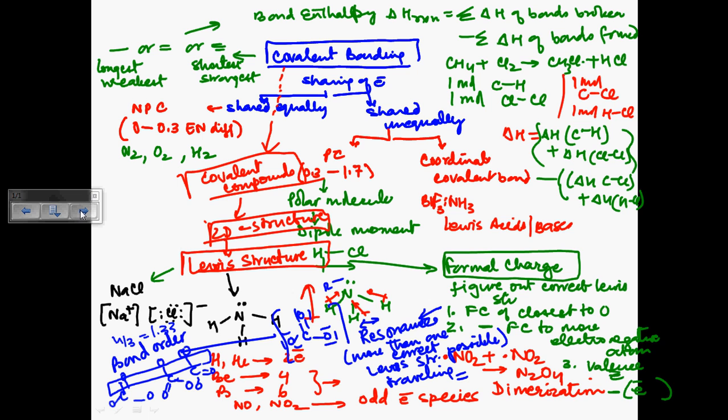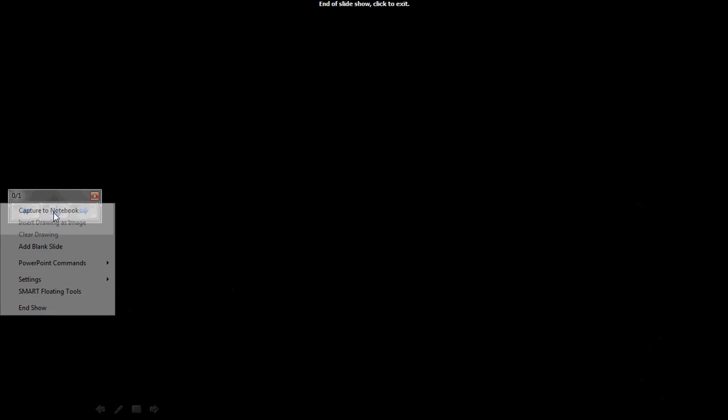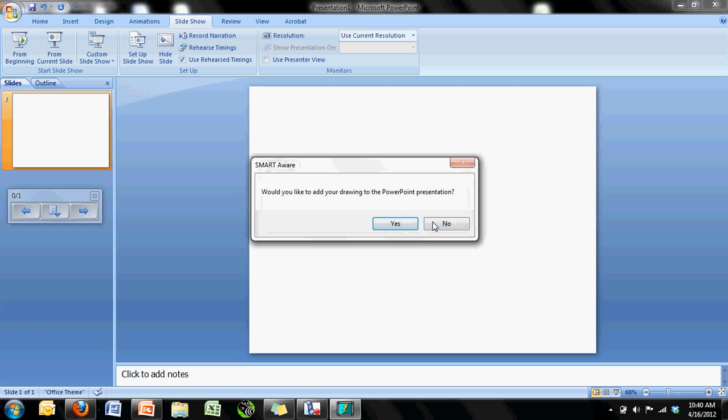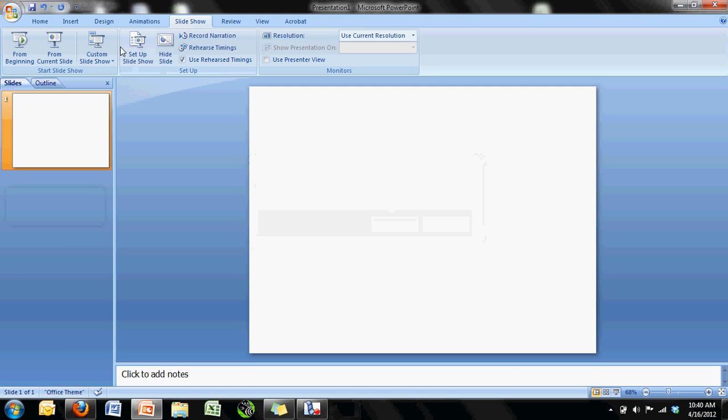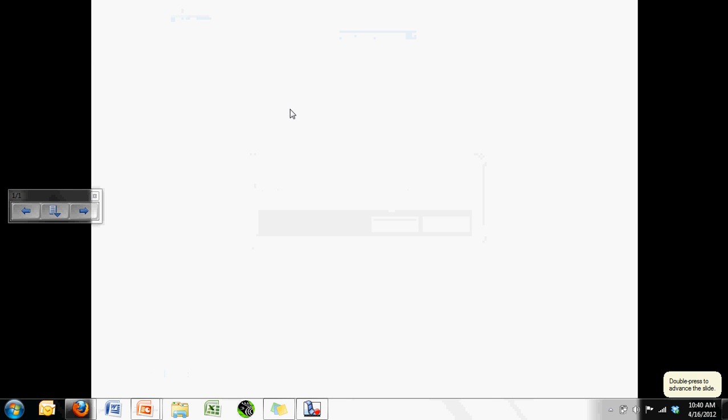Now let's move on to chapter 9 of Unit C. At the heart of chapter 9 is again the structure of molecules, but this time we are talking about 3D structure.